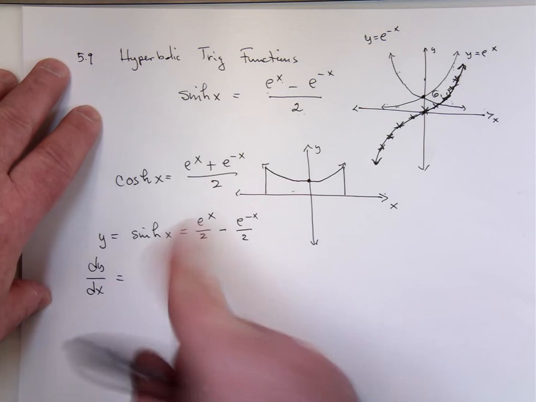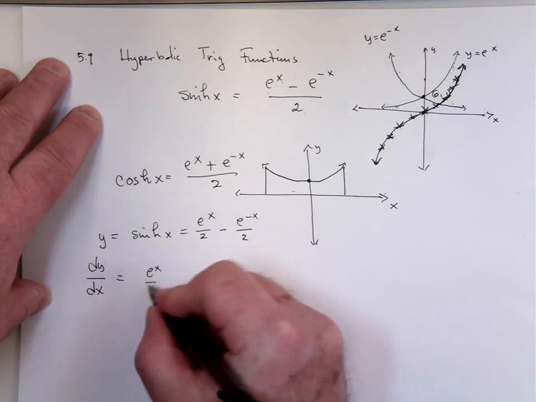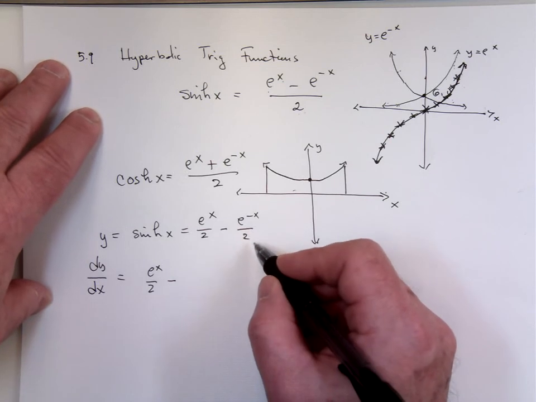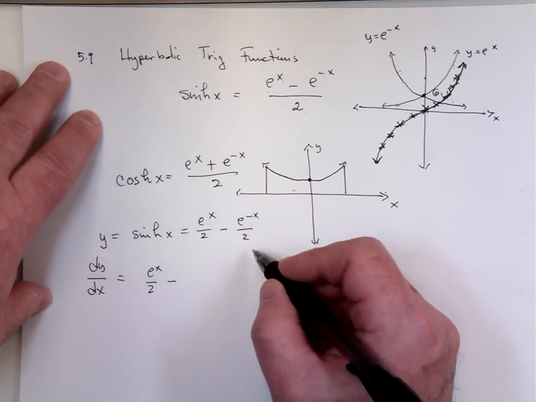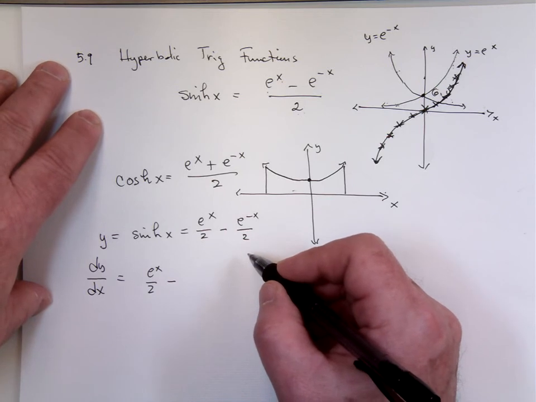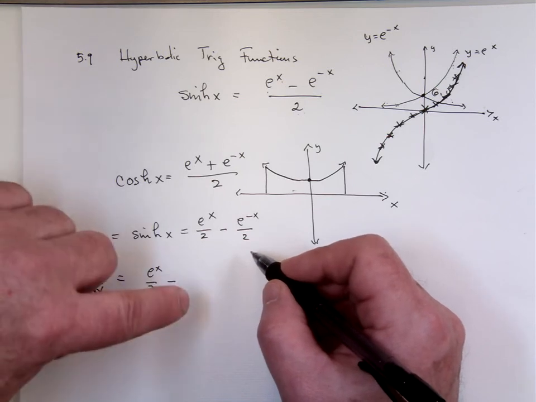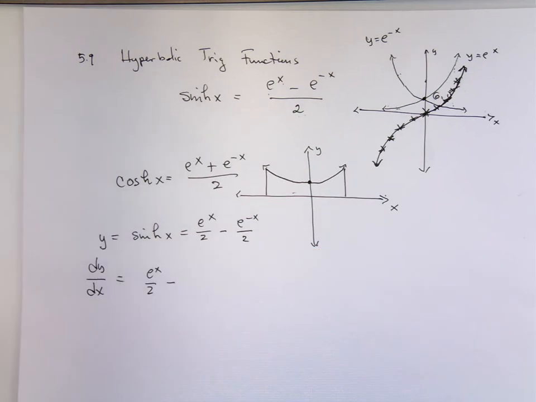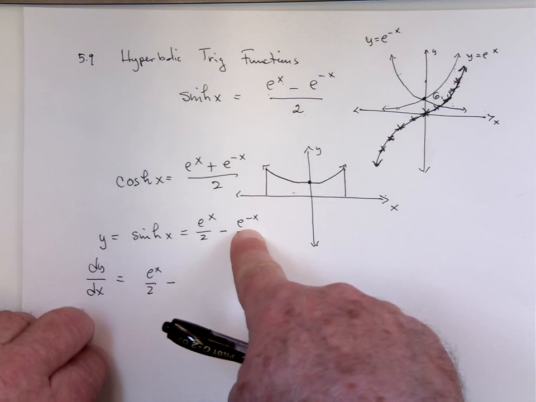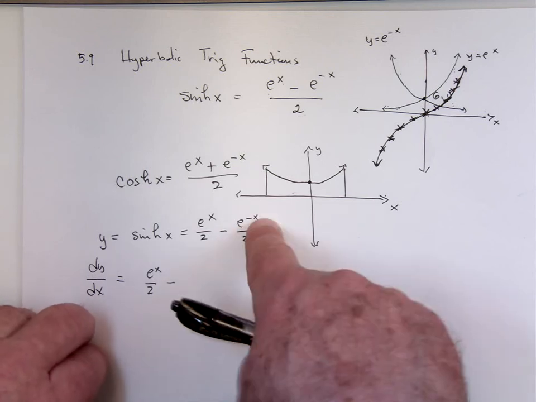Minus, what's the derivative of e to the opposite of x over 2? No, like negative. Yeah, exactly. So the derivative of e to the negative x over 2 is e to the negative x over 2 times a negative 1, and this minus gives it a plus there.